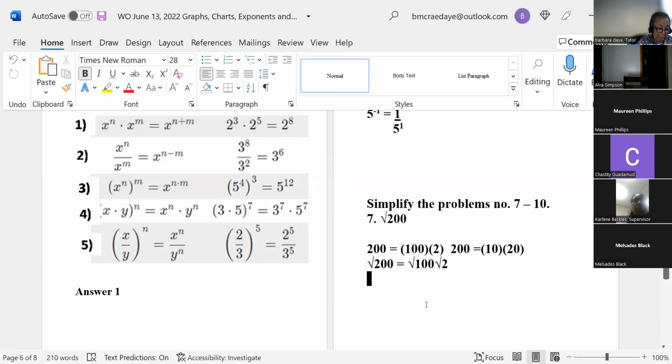Remember I said a number by itself. The two identical numbers multiply to give you the number under the radical. So the square root of 100 is 10. We put our 10 here, take out the 0, and there's our answer: 10 times the square root of 2.